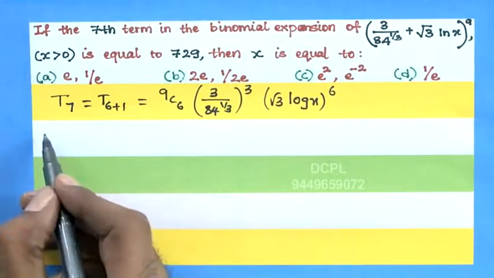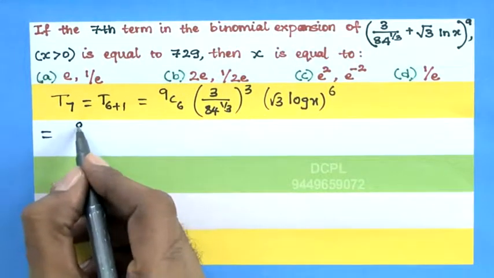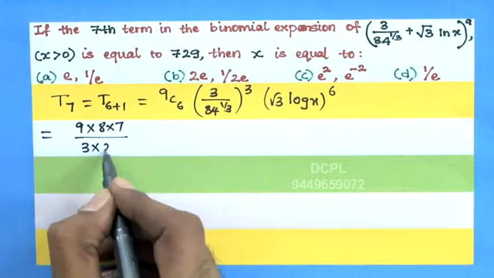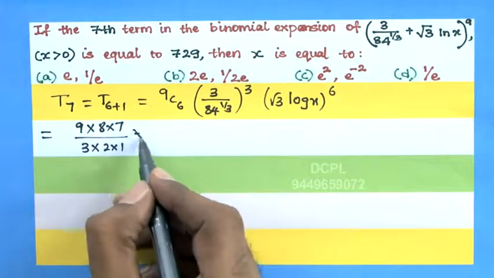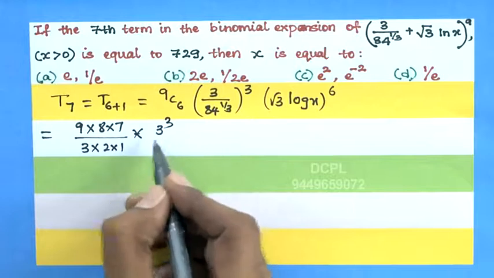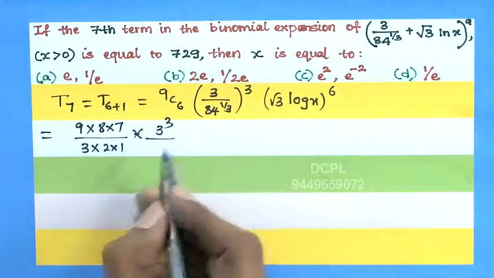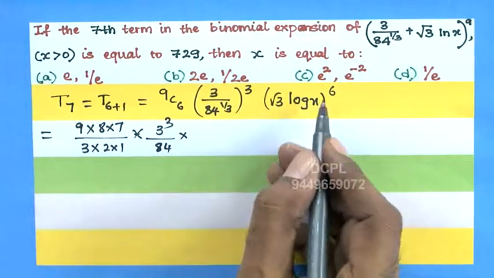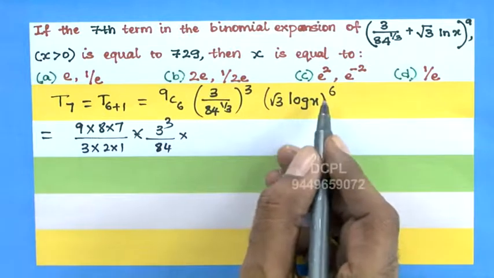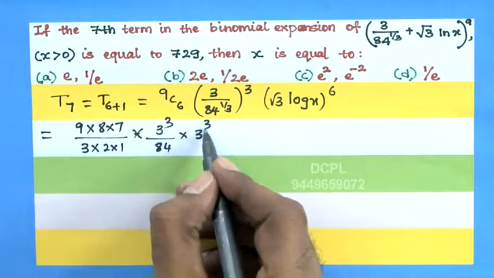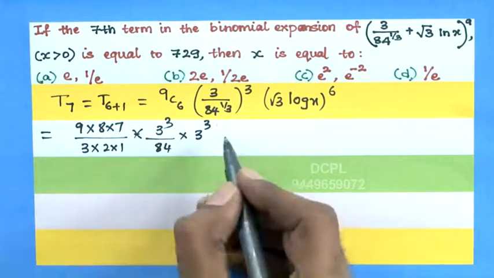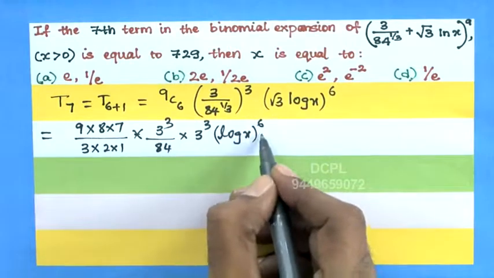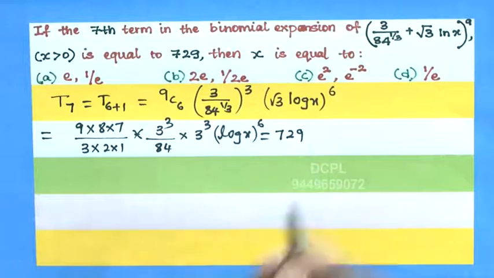So that is equal to what? 9C6 is 9 into 8 into 7 divided by 3 into 2 into 1, into 3 power 3 divided by 84 power 1 by 3 power 3 is 84, into root 3 power 6. Root 3 power 6 is 3 power 6 by 2, that is equal to 3 cube. Is that correct? 3 cube into log x power 6, that is equal to 729.